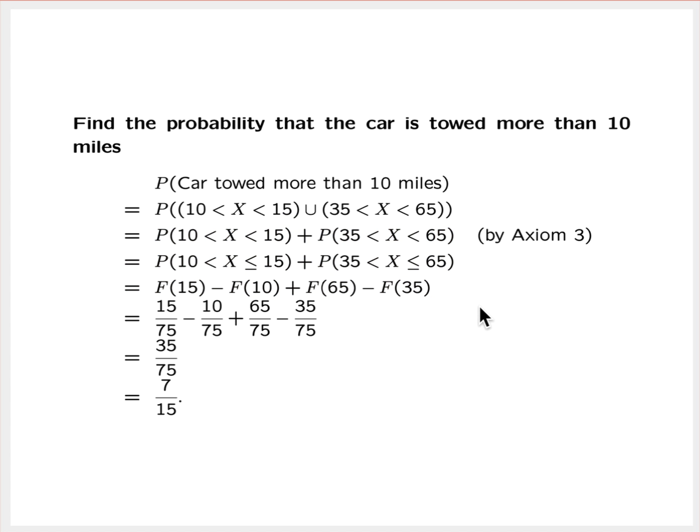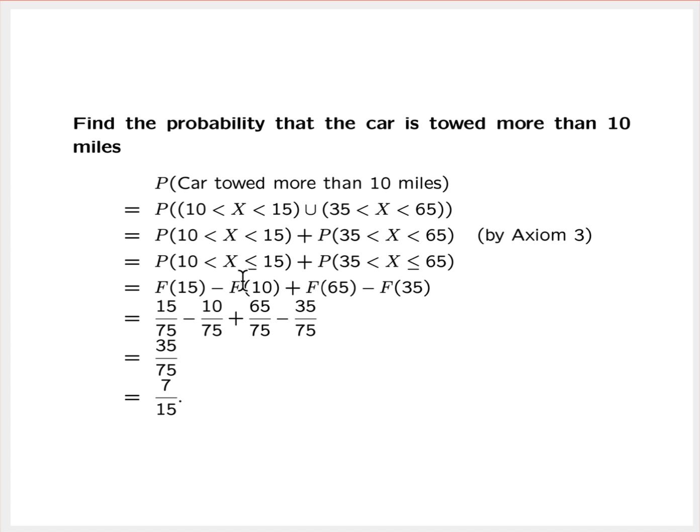Now, in going from this step to this step, notice that I've changed the inequality from a strict inequality to a non-strict inequality, and I've done the same thing here. You'll remember from the previous lecture, we can do this because the random variable x is a continuous random variable.